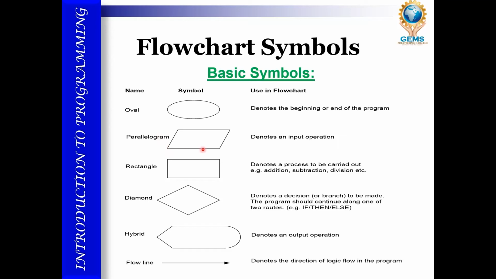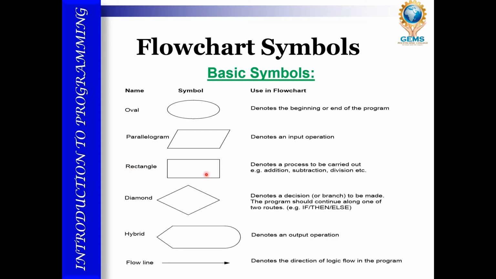Parallelogram. This symbol is called a parallelogram. This symbol is used to denote an input operation. Suppose you want to get input from the user, then we use this symbol. In the last slide we already took 4 inputs from the user, M1, M2, M3, M4. While taking input from the user, we use this symbol. The third symbol is a rectangle.